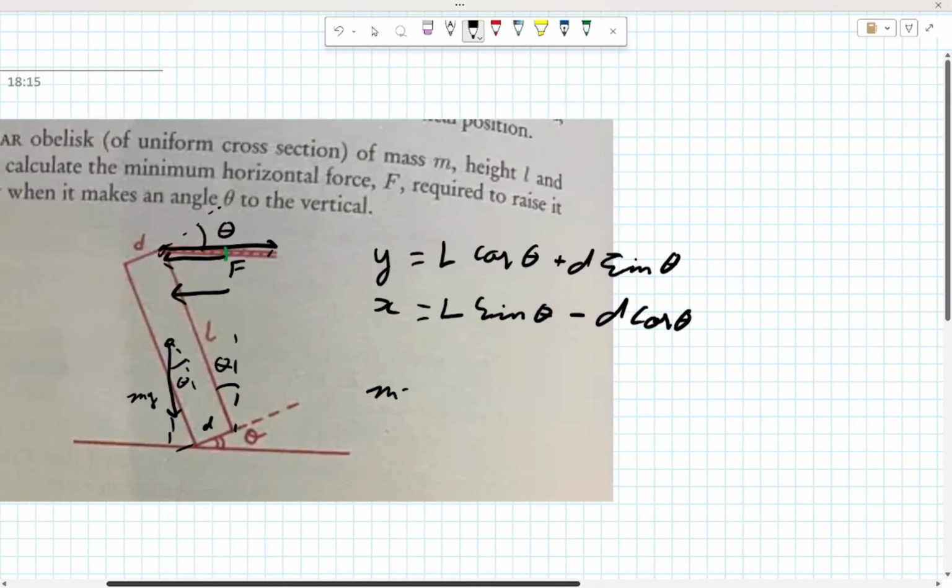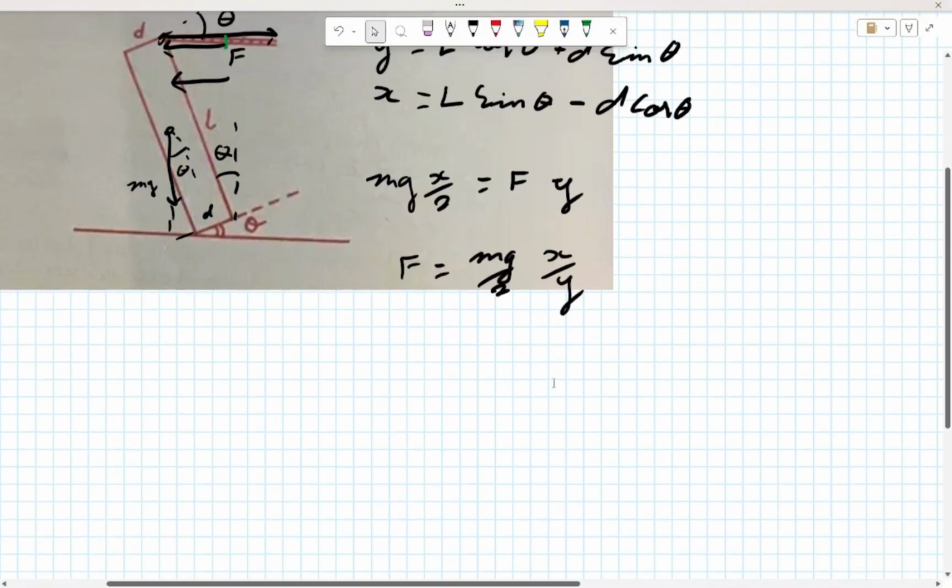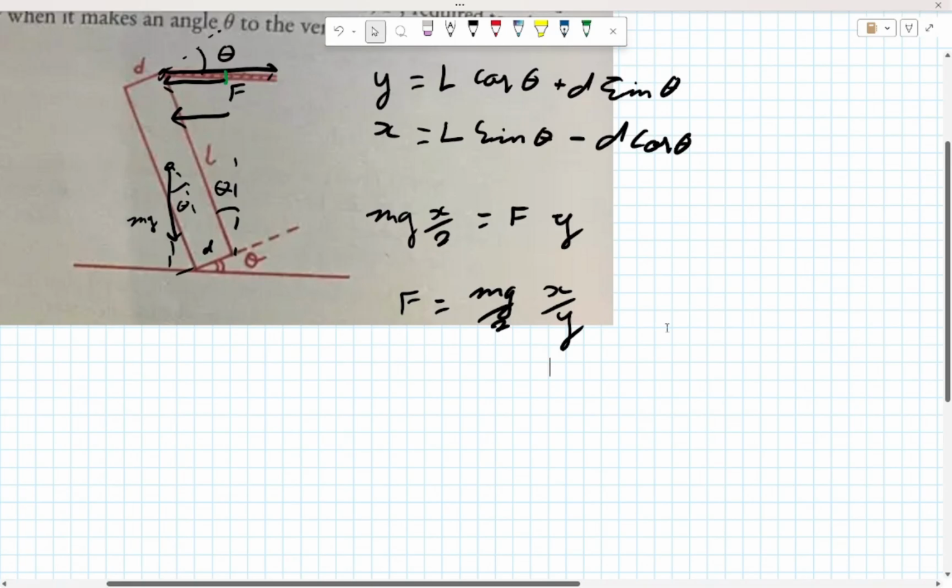We have mg x over 2 is equal to F y. Pretty simple. Then we rearrange for F. F is equal to mg over 2 times x over y. And then we just sub in. We sub in y, we sub in x.